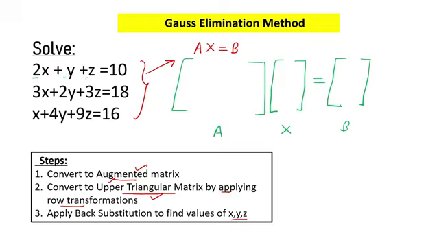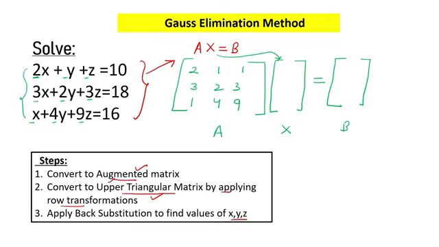Here you can see we have the coefficients 2, 1, 1, so we write 2, 1, 1. Then 3, 2, 3. And then 1, 4, and 9.